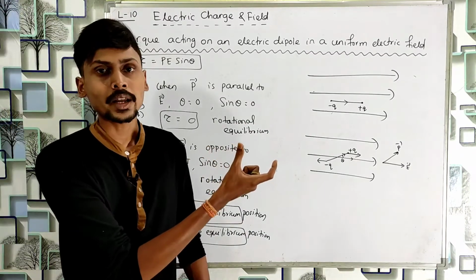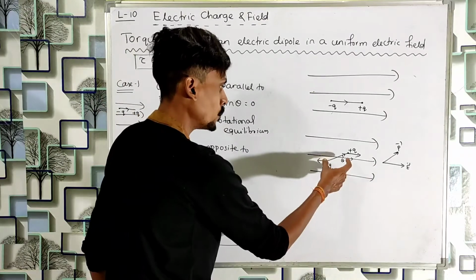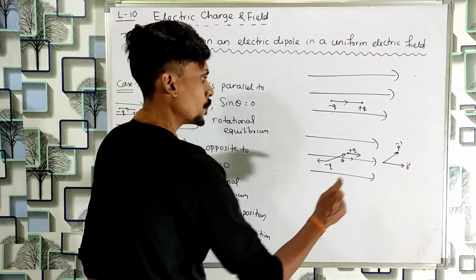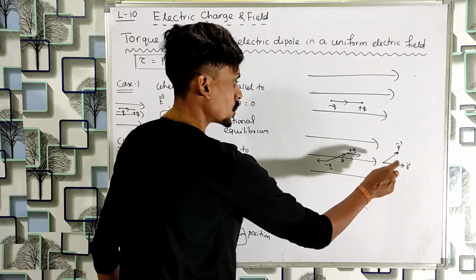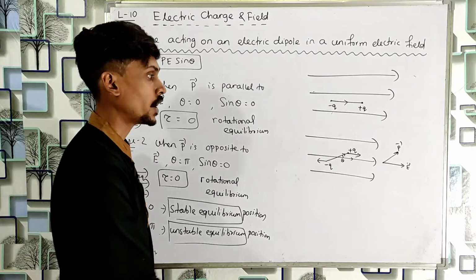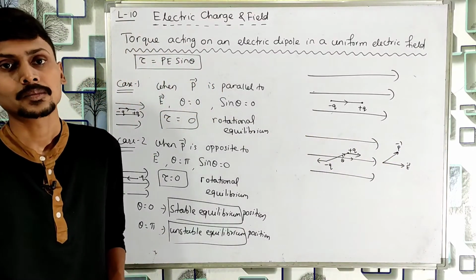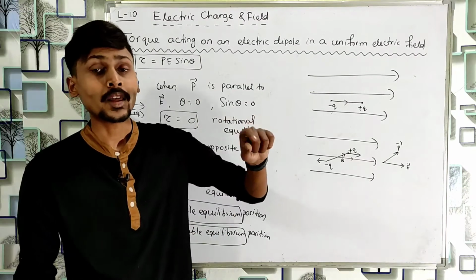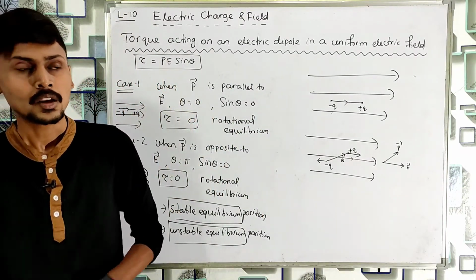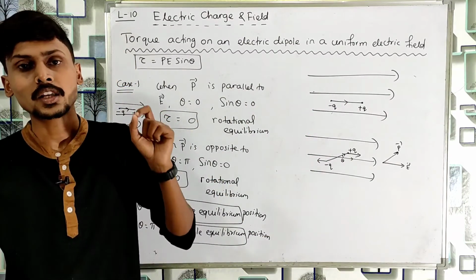When you disturb the dipole and then release it, P cross E will be inward, means the dipole will be again rotated in the clockwise direction. So the dipole will again come back to the initial orientation. So this type of equilibrium is known as the stable equilibrium position.